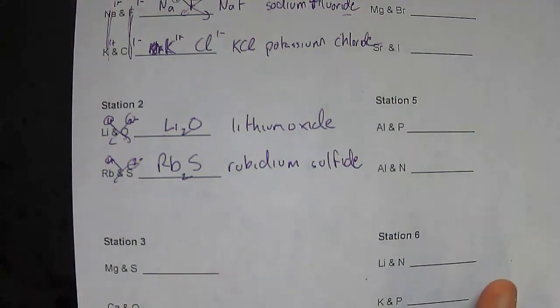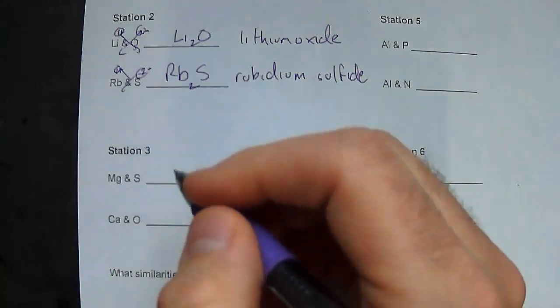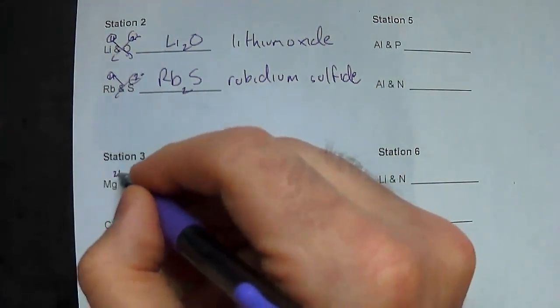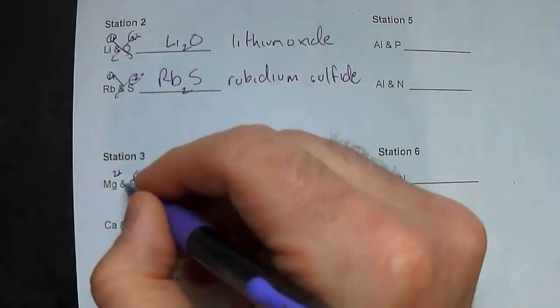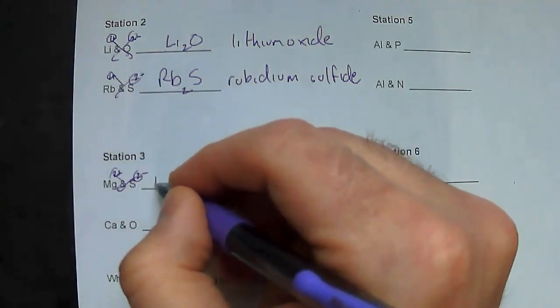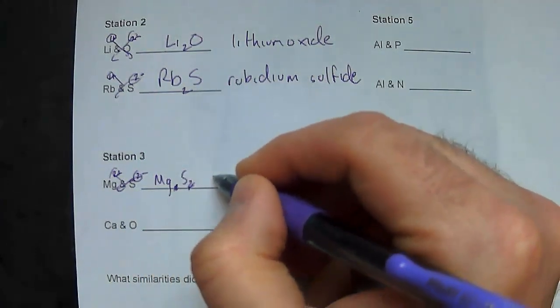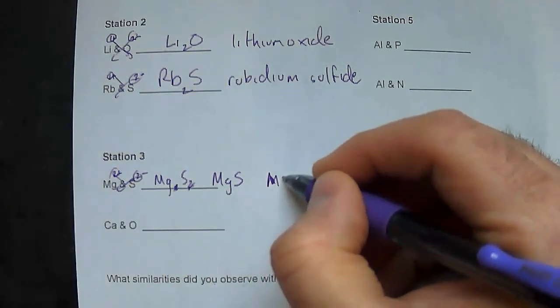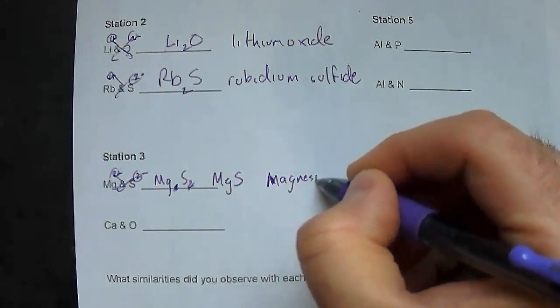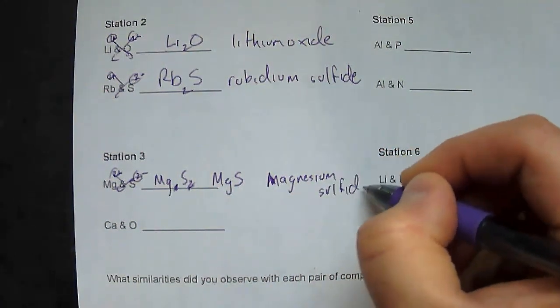Okay, and then down here at station 3, we have Mg, which is a 2 plus, sulfur, which is a 2 minus, so you crisscross, and then in this case you get Mg2S2, but these can be reduced, so you get MgS, and that's magnesium sulfide.